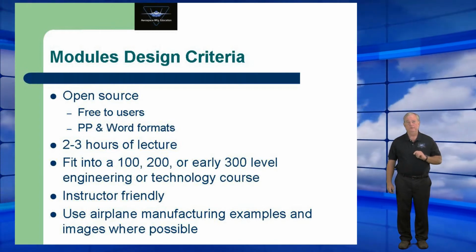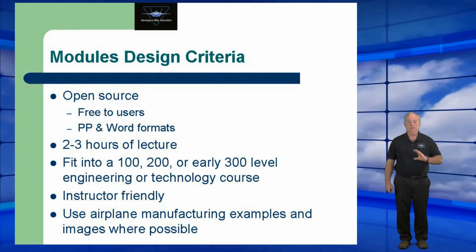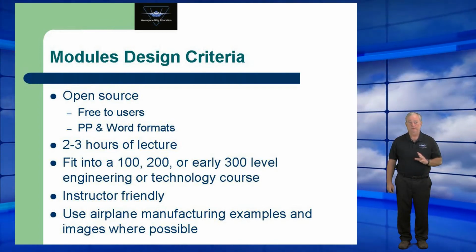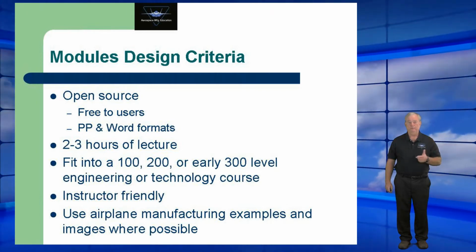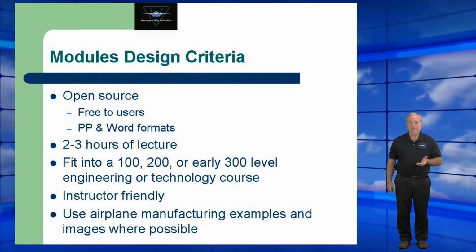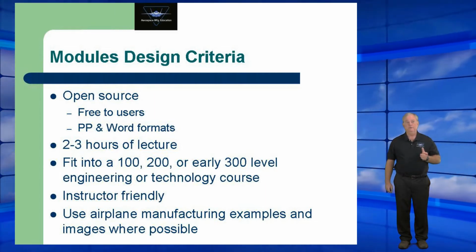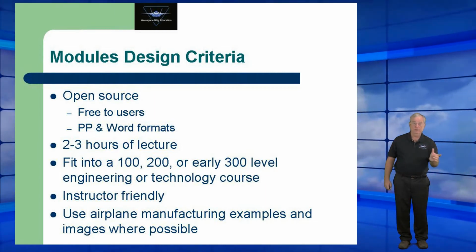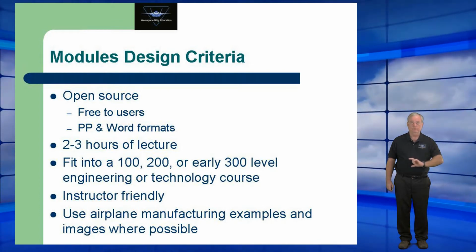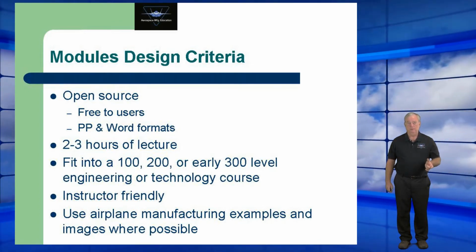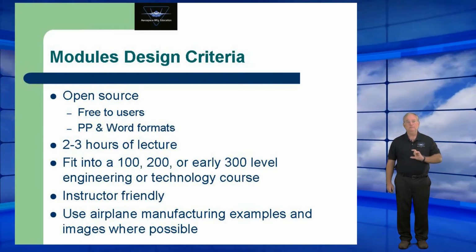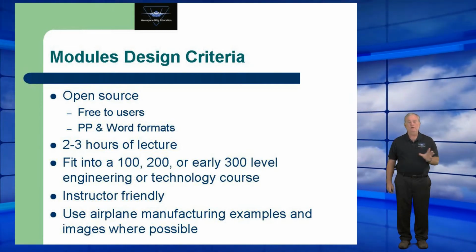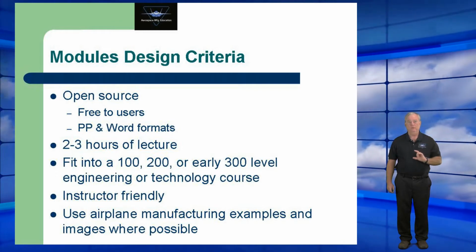So we're trying to make it as flexible and as user-friendly as possible. All of these modules are designed roughly around 2 to 3 hours of lecture. That is, you typically have either a 50-minute or a 75-minute lecture period, so you either have 2 75-minute lectures or 3 50-minute lectures per 3-hour course per week. These materials are designed roughly to fill up 1 week.